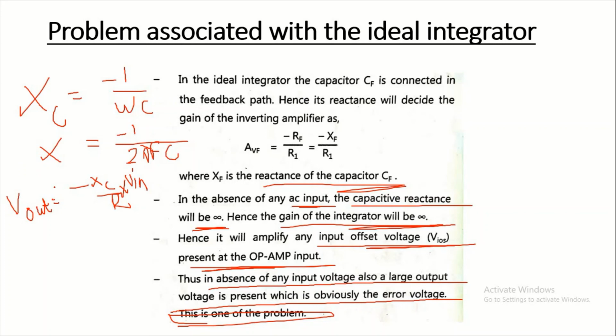Practically, the gain of this ideal integrator depends on the open loop gain. If the frequency increases, the reactance decreases and the output also decreases. This is the main disadvantage of this ideal integrator.